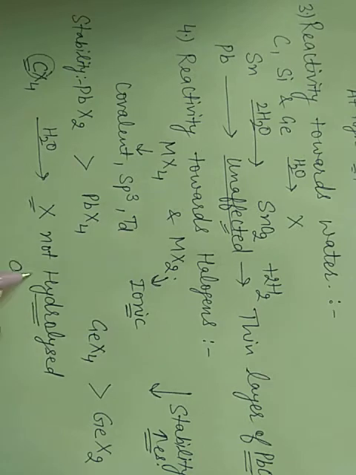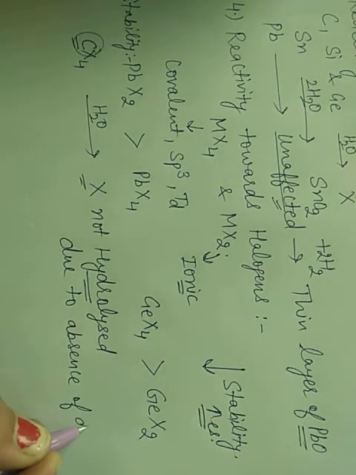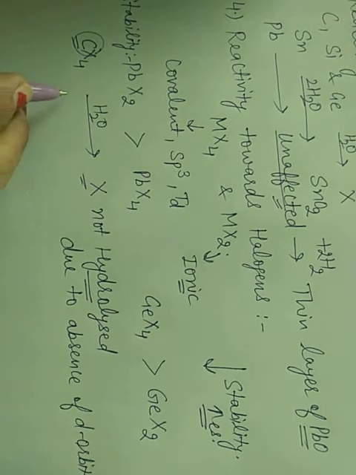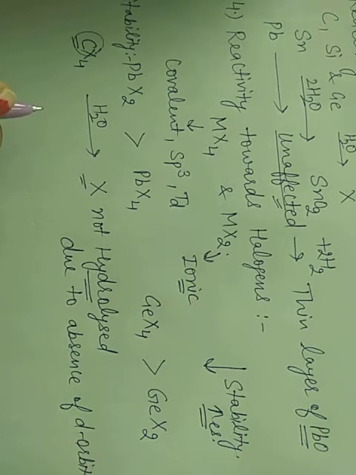Because of the absence of d orbital. Whereas tetrahalides of other elements are hydrolyzed due to the availability of empty d orbitals. Silicon has vacant d orbitals, and after that germanium, tin and lead also have d and f orbitals. So due to the presence of d orbitals, they are easily hydrolyzed.